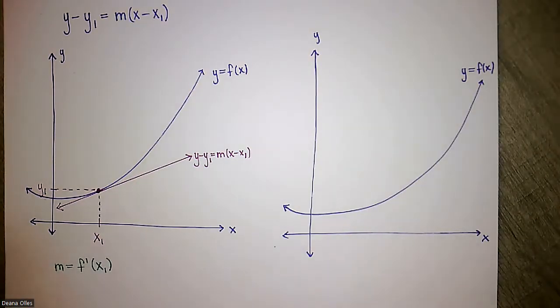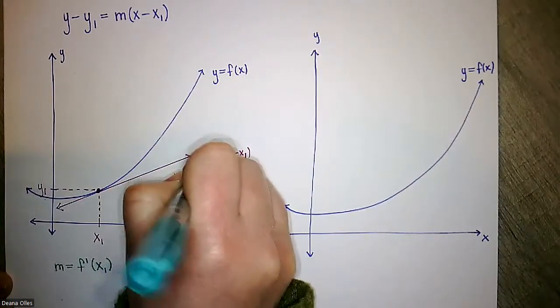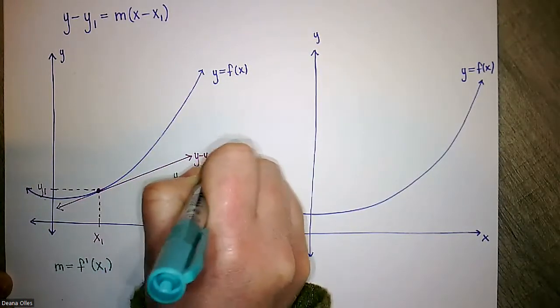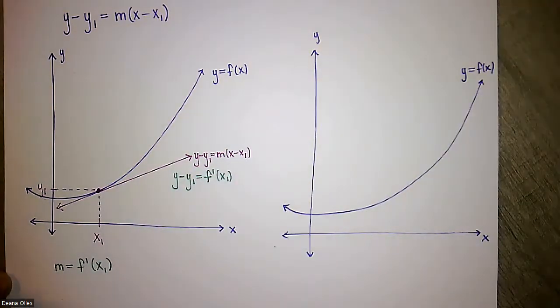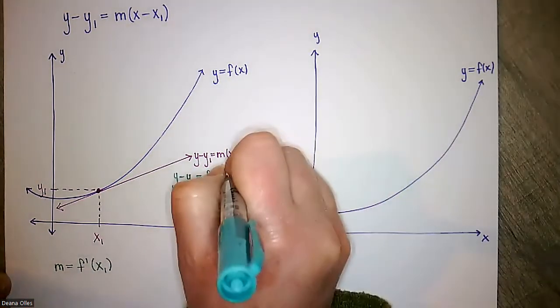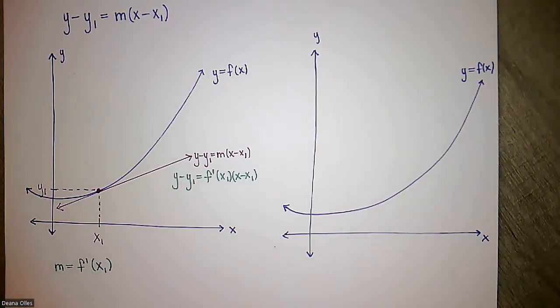Okay. And so if you wanted to rewrite this point slope form a little bit more carefully, you would say y minus y1 equals f prime of x1 times x minus x1. In other words, you would use the derivative at the point in place of the slope notation m. Okay, but it's the same idea.